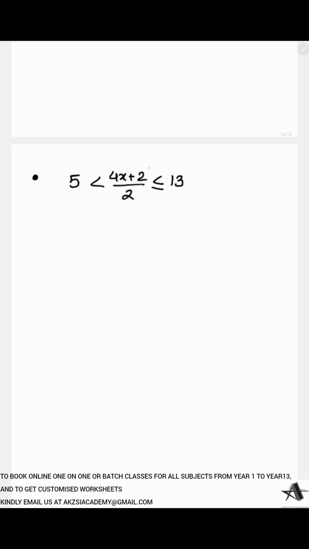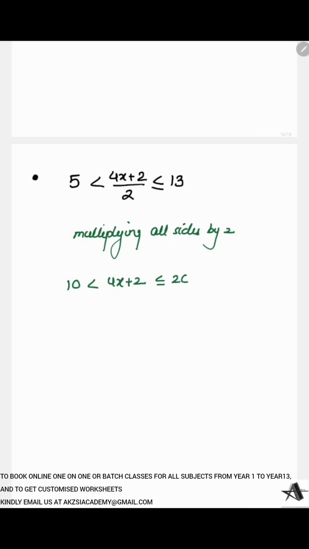In order to isolate it, my first step is multiplying all sides by 2. So multiplying all sides by 2, we will get 5 into 2 as 10, 4x plus 2, because divided by 2 into 2 will cancel out each other, and this will be 26. Next step is subtracting, because here the 2 is extra, so obviously I'll subtract 2 from every side.